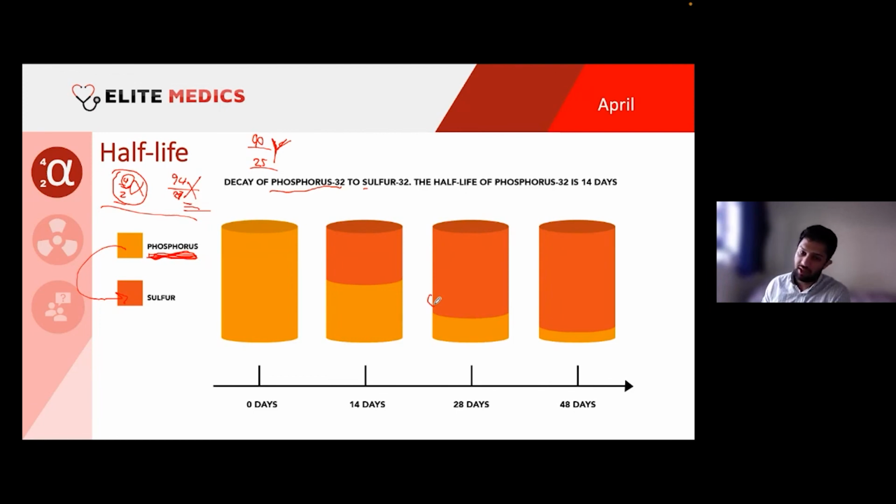So what do you think is the half-life of phosphorus 32, which is obviously the element that's decaying here? It's the phosphorus 32 that's unstable and is decaying via alpha radiation, or potentially even beta radiation, and is becoming a different element. So what is the half-life?